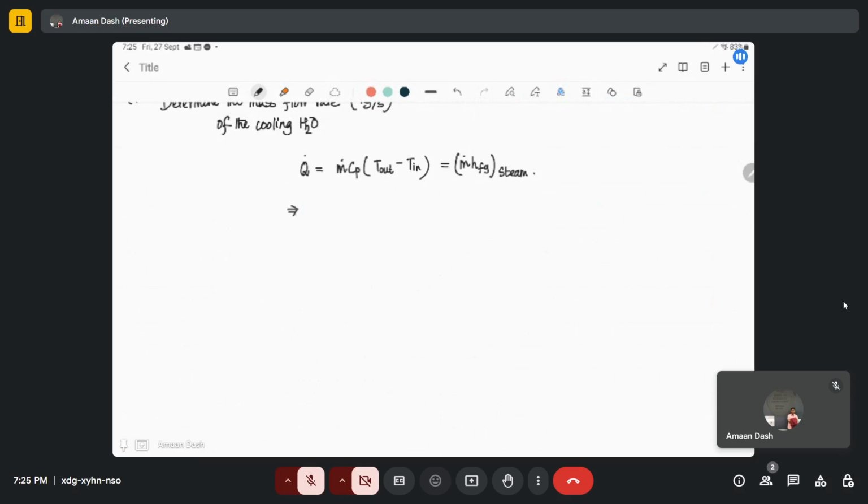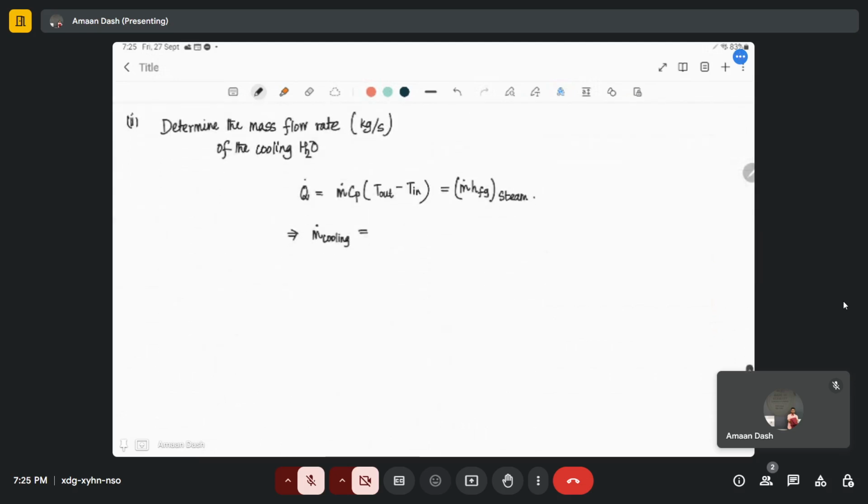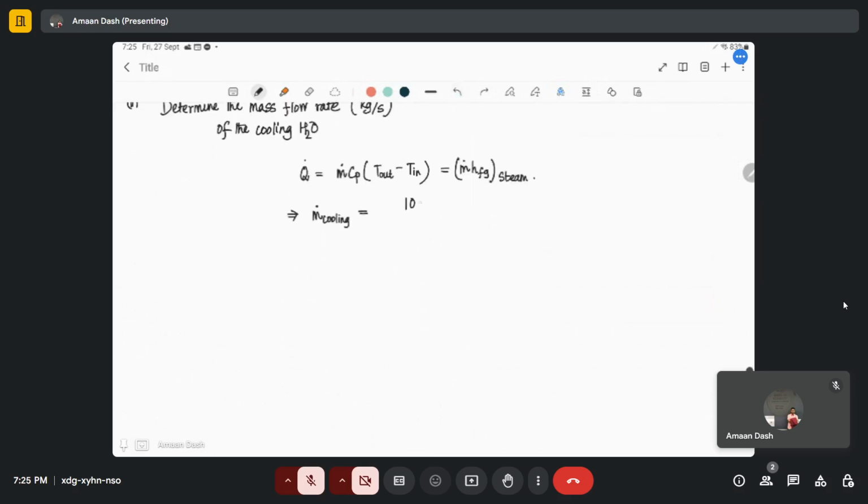so we can see this m dot of cooling water we can calculate from q dot, that is 1087, divided by 4148 times of the cp times of t out minus t in, that is 22 minus 14.